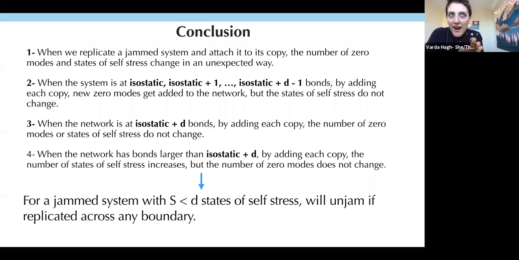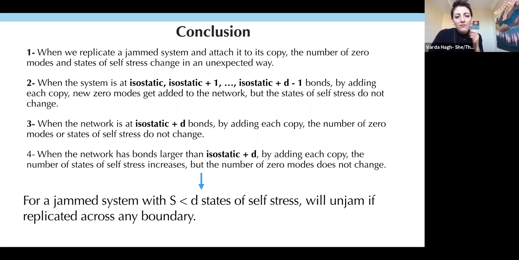You can calculate those from the Maxwell's count, because the system is not unjamming, and the only zero modes allowed in the system are still the D translational zero modes. Therefore, by plugging all the information into the Maxwell's count, you can calculate the states of self-stress.